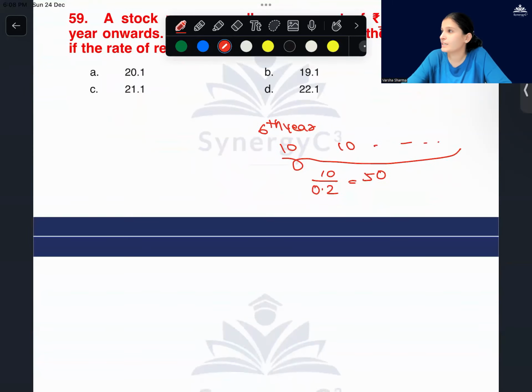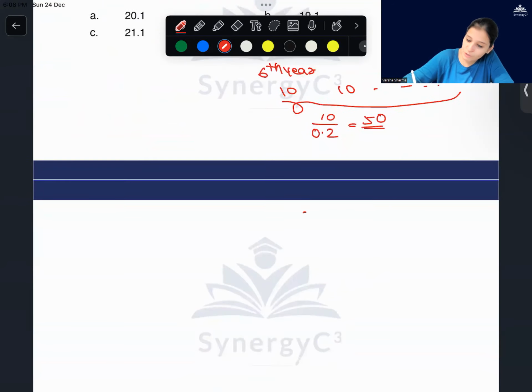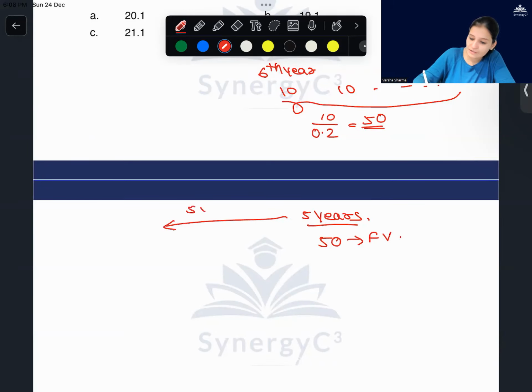So basically this 50 I've obtained after 5 years. This is now a future value, yes or no? And I'm going to backtrace it 5 years.